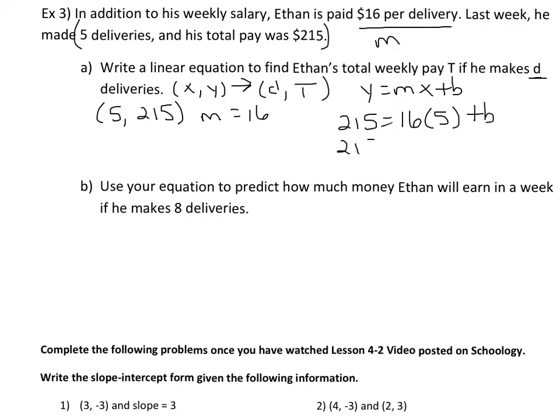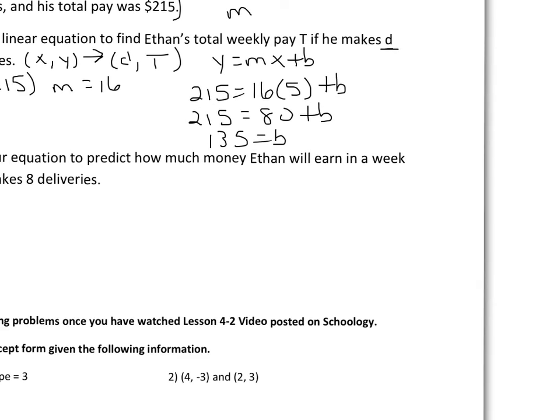So I get 215 equals 80 plus b. And now I'll need to subtract that 80 off, and that will give me $135. So 135 equals b. All right, so now to rewrite my final equation, again, here's your slope, here's your b value. Those are the two things we need.